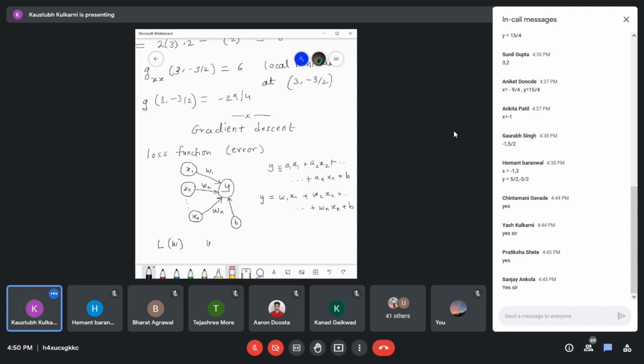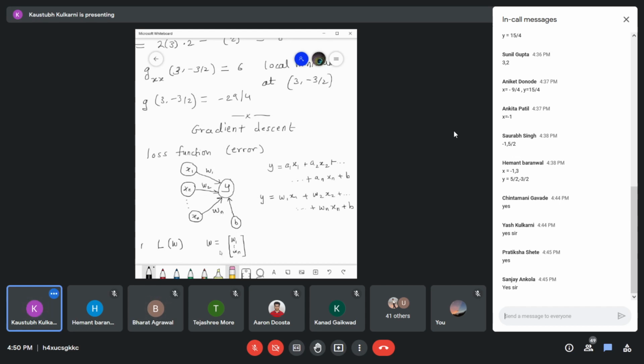Now, where W is the vector of the weights, W1 up to Wn. Why? Because this is again a concept where you are varying the coefficients W1 up to Wn, and you are trying to find out which particular configuration of these weights will lead to the minimum loss.